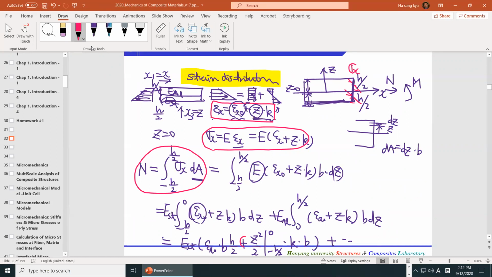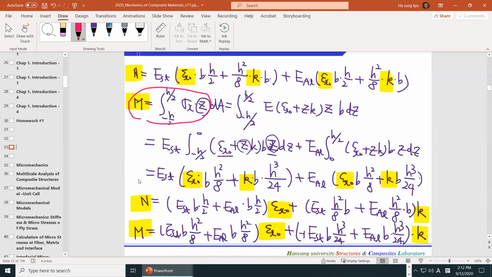So this is not right. This has to be minus because this is the minus. Same here, and here 0 and oh, yeah. So this term will be minus, and so this has to be minus, and also this has to be minus.